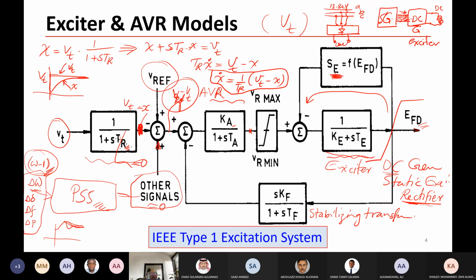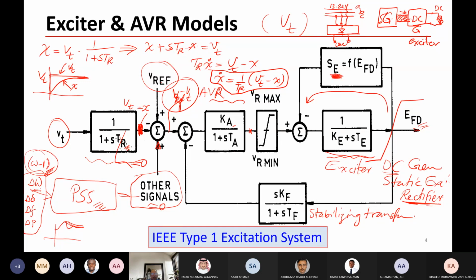Okay, with this exciter, how many states are in this exciter, if we add it to the machine later? How many states will be added to the machine model? How many states do we have in this block diagram? 4 states?